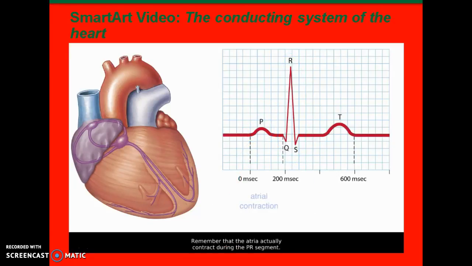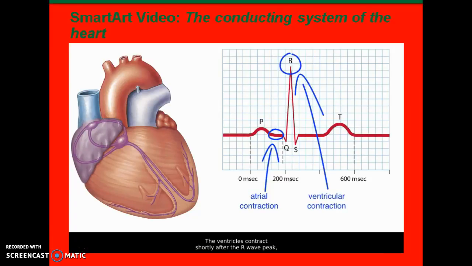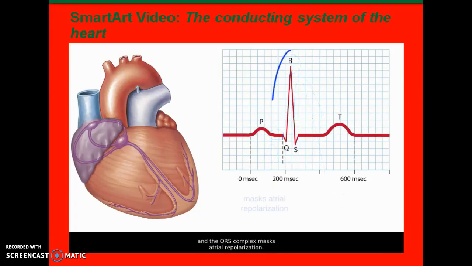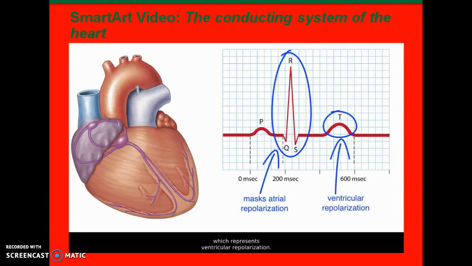Remember that the atria actually contract during the PR segment, the ventricles contract shortly after the R wave peak, and the QRS complex masks atrial repolarization. Notice in this ECG tracing the T wave, which represents ventricular repolarization.